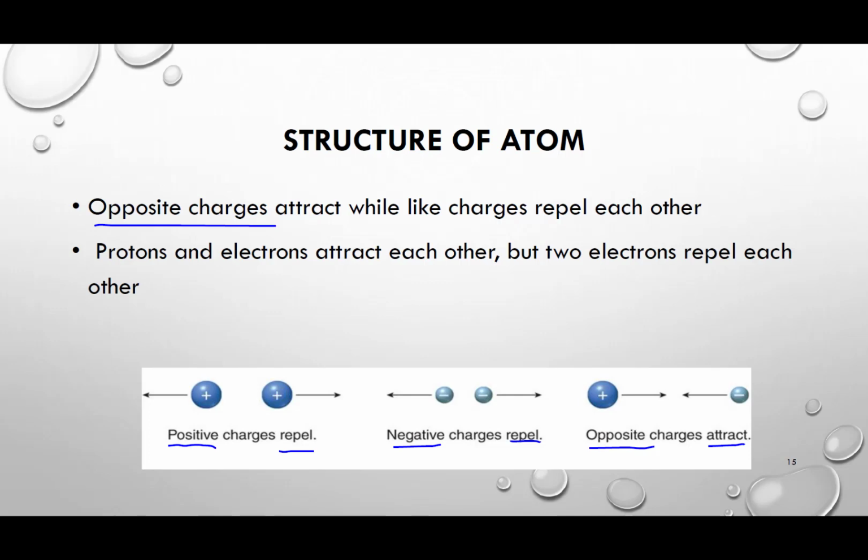Then if you think about protons and electrons, electrons and protons attract each other, whereas two electrons next to each other repel each other. That's what holds the structure of the atom together. The nucleus is positive charge, electrons outside are negative. Positive, negative attract. That holds the structure of the atom together. It's that attraction between the nucleus and the electron cloud.